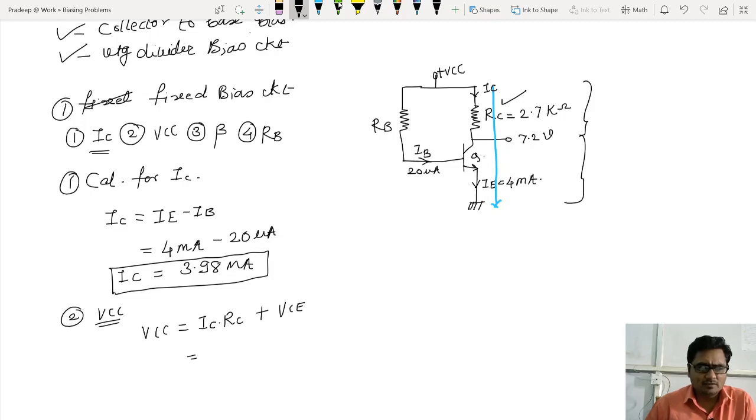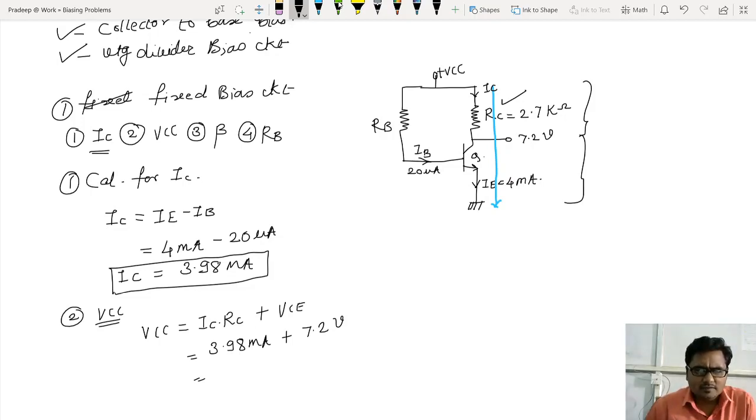Now what is IC? Already we have calculated, it is 3.98 milliamperes. Plus, what about VCE? VCE is already given, 7.2 volt.